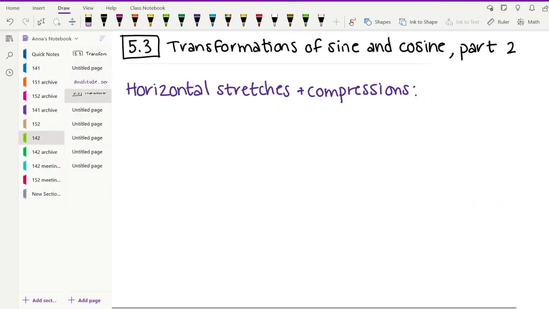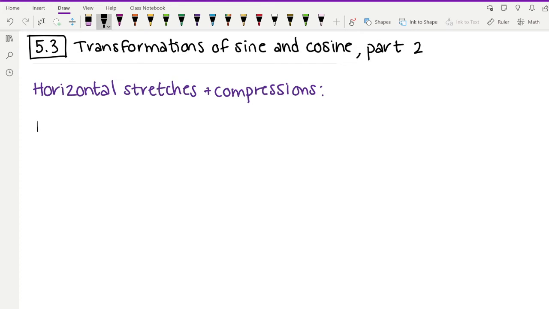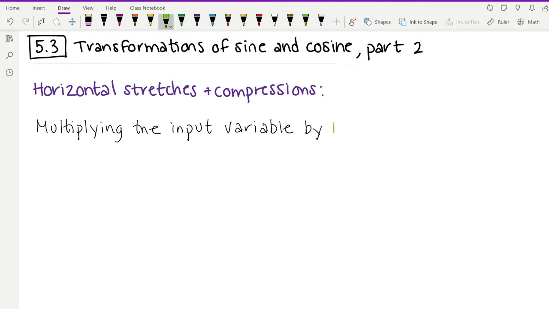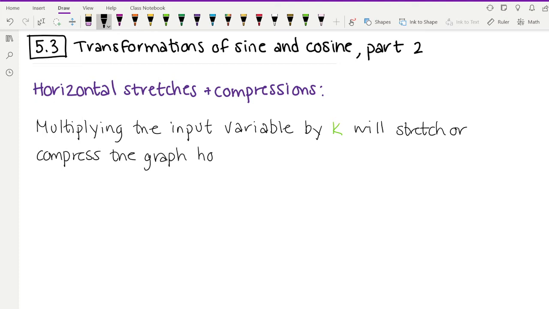Okay, so horizontal stretches and compressions. So multiplying the input variable by some number k will either stretch or compress your graph horizontally, and by how much will it stretch or compress your graph.